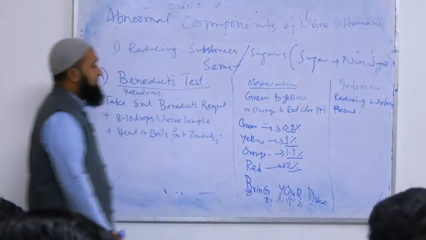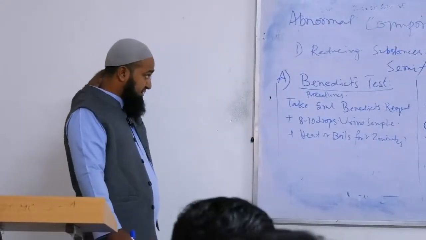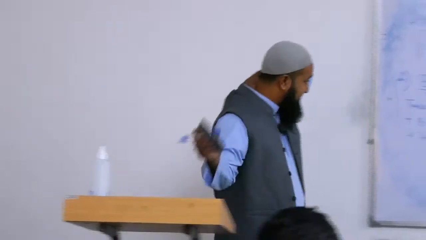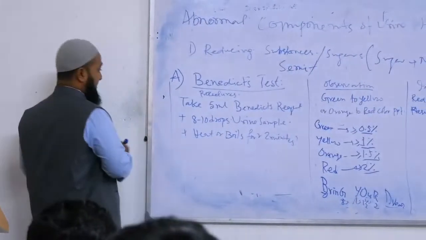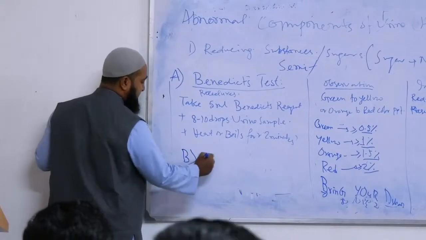I am saying that reducing substances are present. What are the reducing substances? It may be carbohydrate. Another test for reducing substance is the Fehling test.